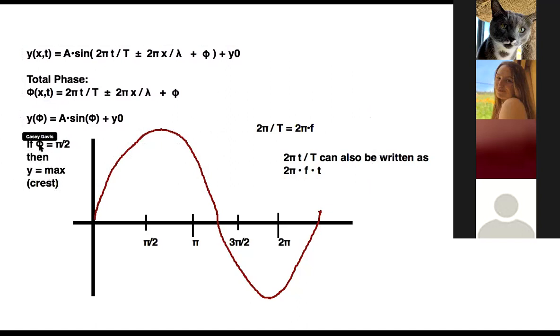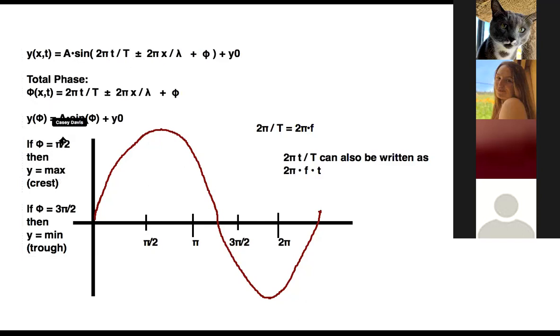Whereas what total phase would give you the lowest possible y value? 3 pi over 2. If the total phase is 3 pi over 2, then y is the minimum value, because sine of 3 pi over 2 is -1, which is the lowest it can be. So that'll be a trough.